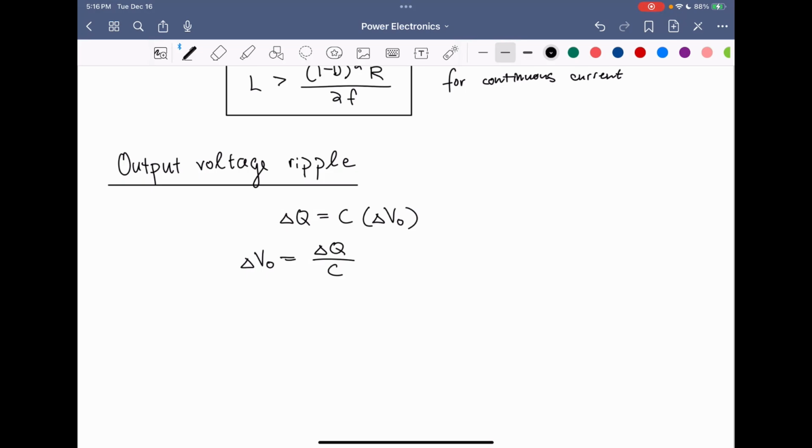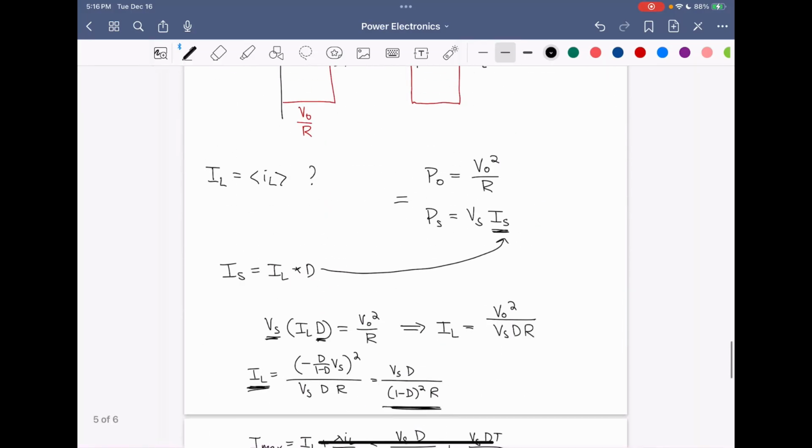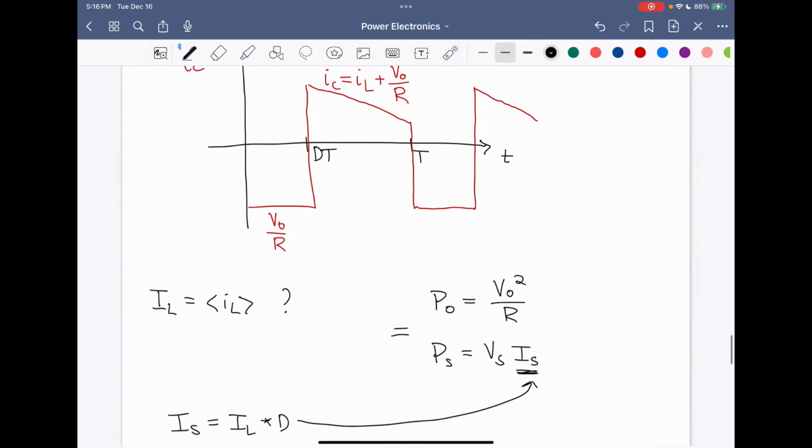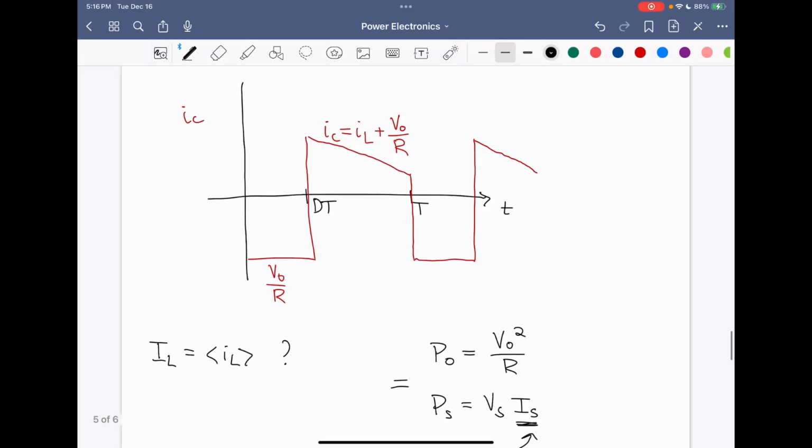Now, what is delta Q? In this case, delta Q is this current times this time duration. So this is delta Q. And we can find this by looking at the capacitor current waveform. So this area here is the amount of charge that is stored onto the capacitor in the DT interval.